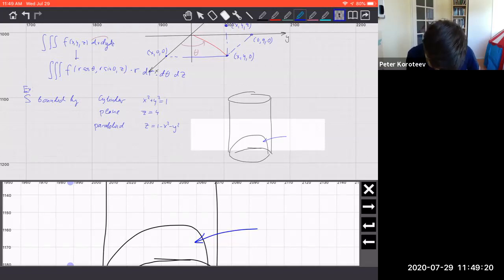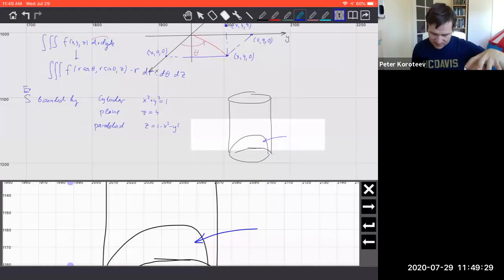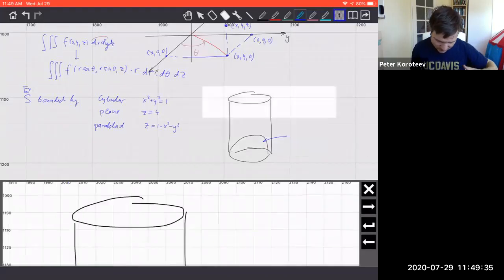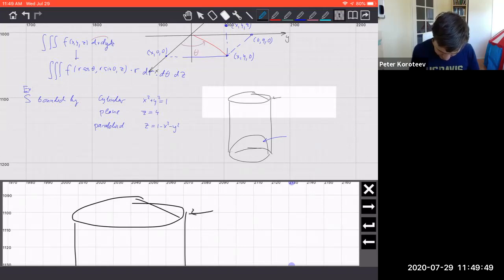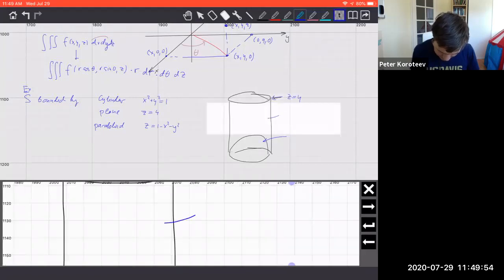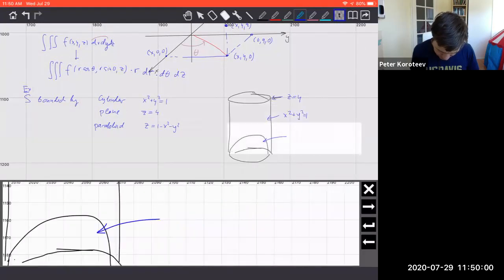Or maybe I think the closest that I know to this shape is the storage for tennis balls. Like they're sold in a store with this kind of plastic tube, so it's flat from the top, right? And it's sort of concave inside from the bottom. And so you can fit 3 or 4 tennis balls in there. So this plane is z equals 4. This is the cylinder. And this is the paraboloid.